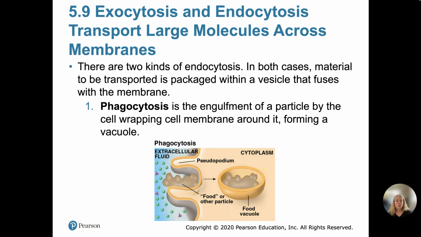In certain protists that are single-celled, this is how they eat. In other types of cells, such as white blood cells that are in our body, this is how they attack pathogens or bacteria that are within the body. It's phagocytosis. So instead of this being food, it would be a foreign virus or bacteria that the white blood cell is engulfing through phagocytosis.